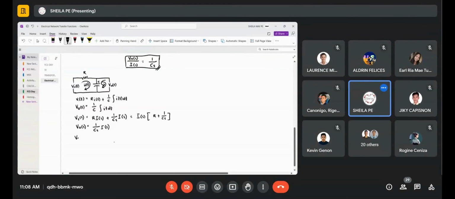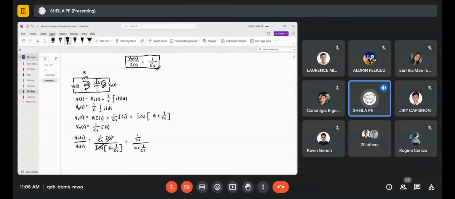So output V o of S over input V i of S. So this is 1 over CS I of S all over V i of S, which is I of S times R plus 1 over CS. Cancel I of S. So basically, we have 1 over CS all over R plus 1 over CS.